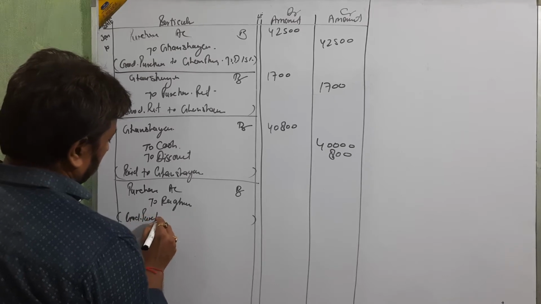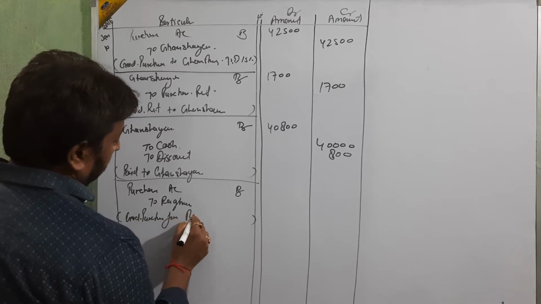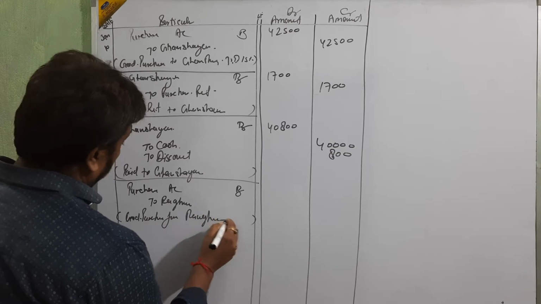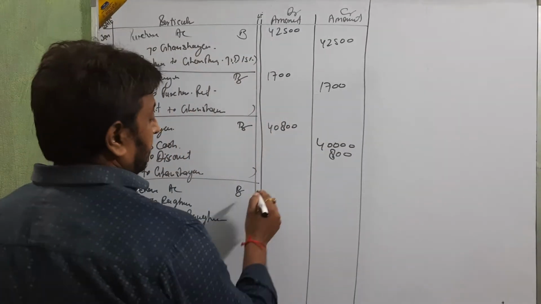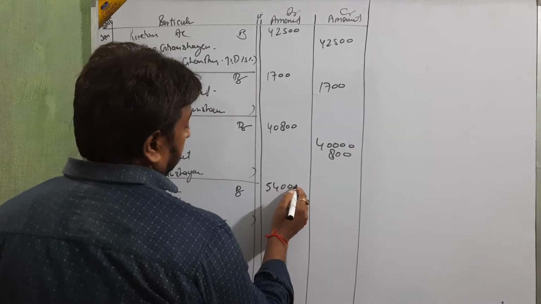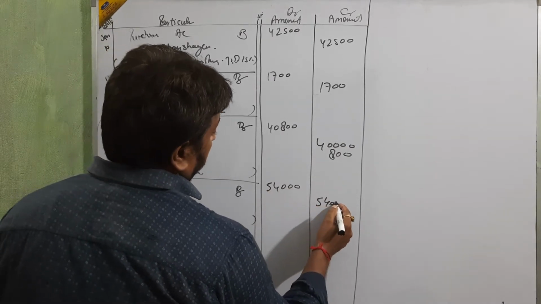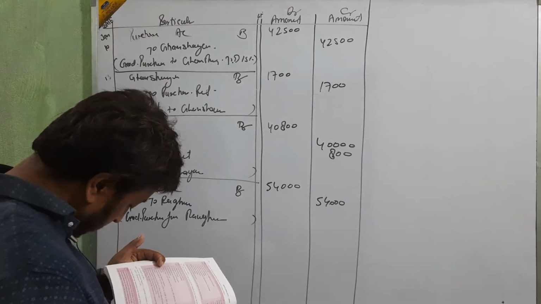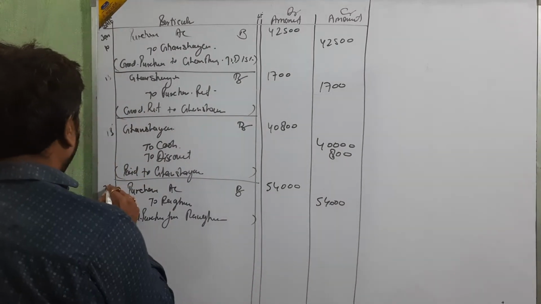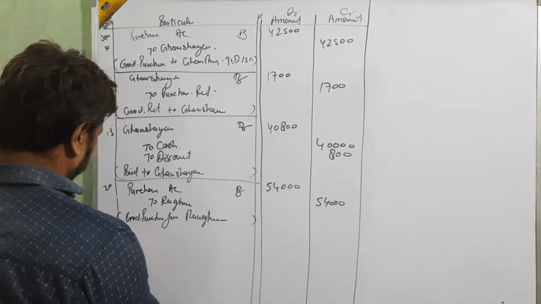Goods purchased from Raghu. 60,000, 10% discount, it means 54,000. 60,000 less 6,000 as 10% discount, and the date is 20. Okay, clear?